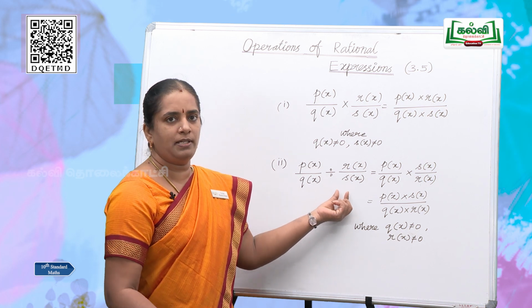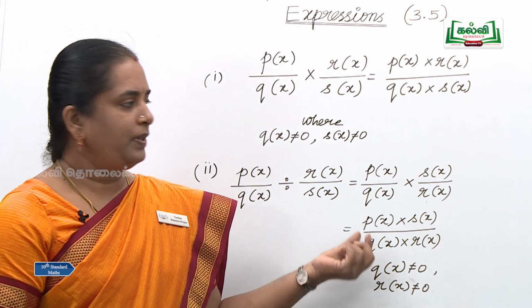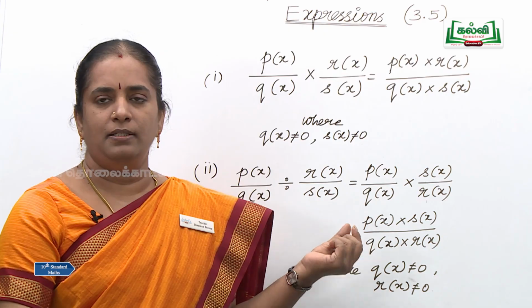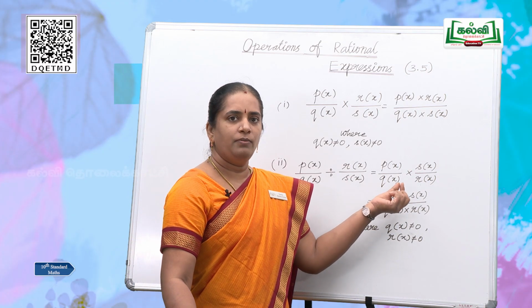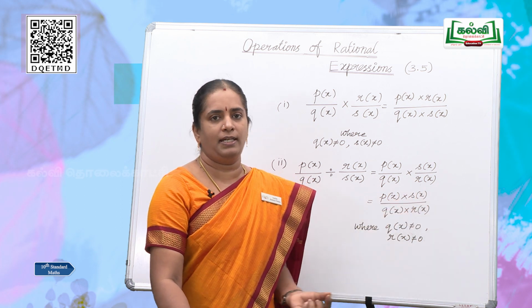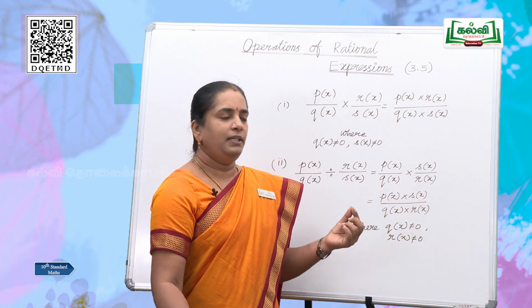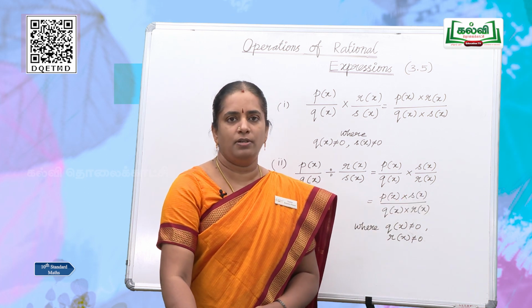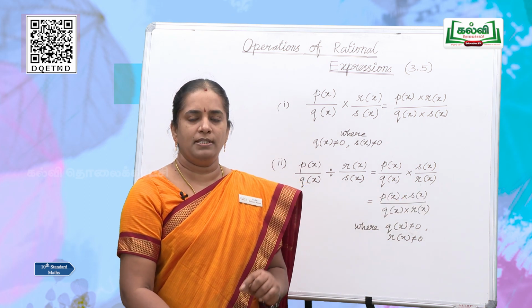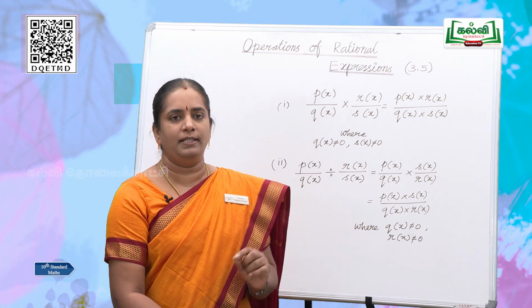The first expression is taken as such, and we multiply by the reciprocal of the second, r of x by s of x. The reciprocal of this is s of x by r of x. Keep this in mind. Here the denominators q of x and r of x should not be equal to 0. This is the condition to multiply and divide.